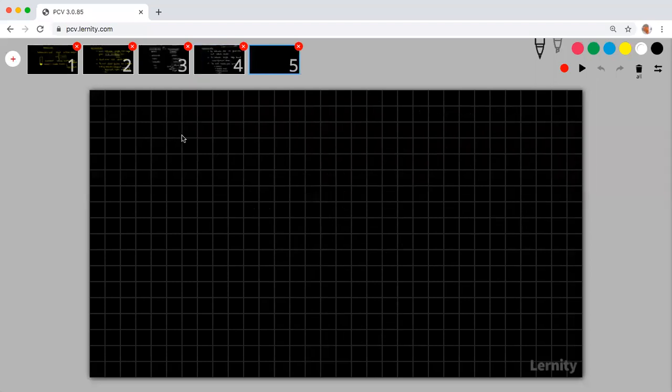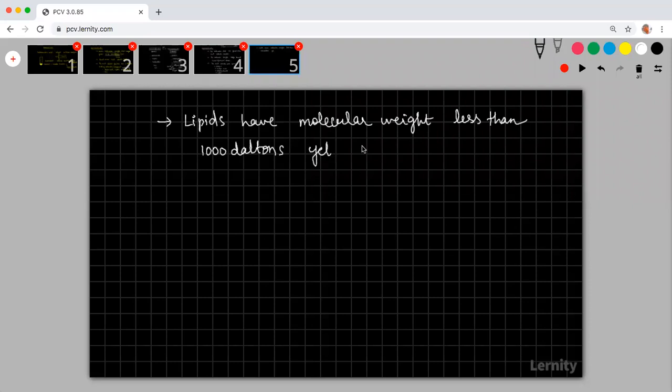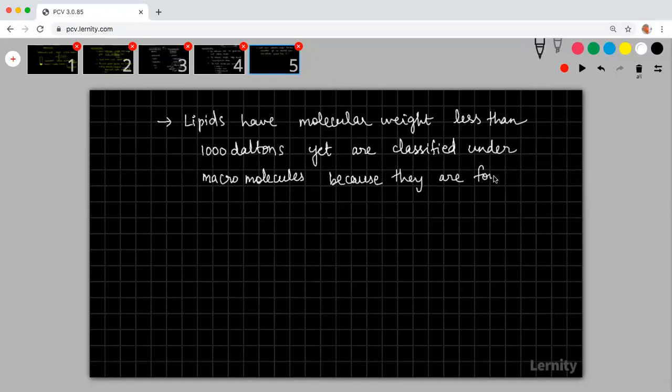Going on further, lipids have molecular weight less than 1,000 daltons, yet are classified under macromolecules because they are found in the insoluble fraction.